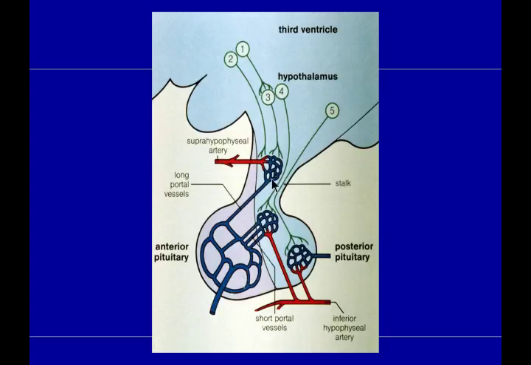The original attempt to find these factors, which essentially are modified in the hypothalamus, which regulate the anterior pituitary, was a major scientific effort that took place in the 1950s and the 1960s. And I remember, because I was at this, not in the 50s, but in the 60s, I was in the laboratory next to where a bunch of these were finally discovered, and for which the Nobel Prize was won.